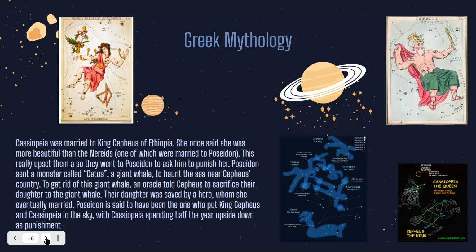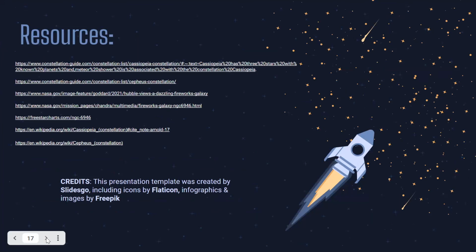If you look at the bottom picture on the left, there's Cetus the whale, Andromeda the daughter, Perseus her savior, Cassiopeia, and Cepheus. As you can see up here on the top left, that is Cassiopeia. On the right is Cepheus, and on the bottom right is what they look like normally. Those are our resources.